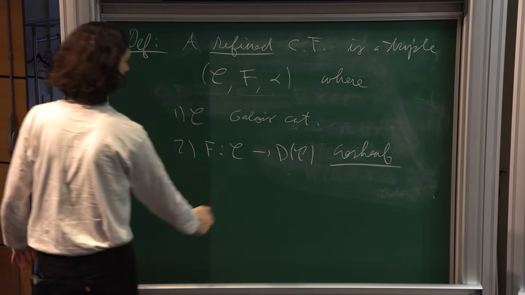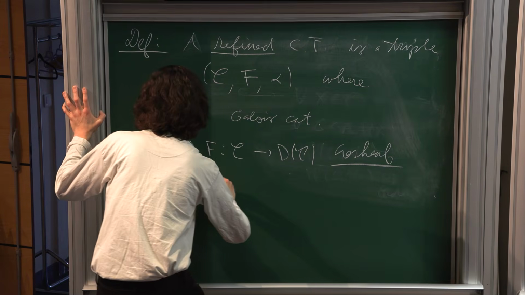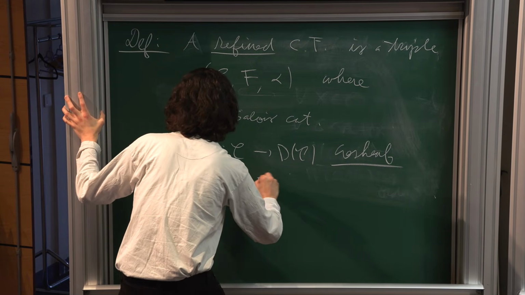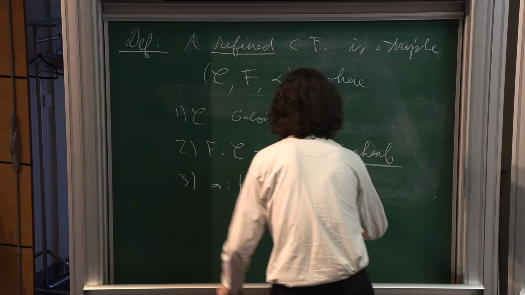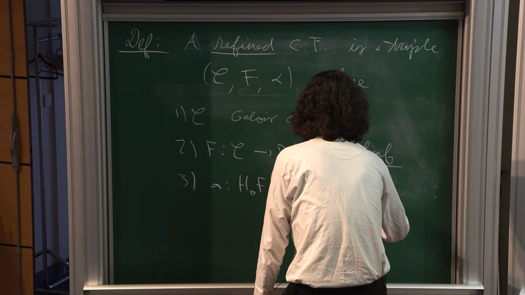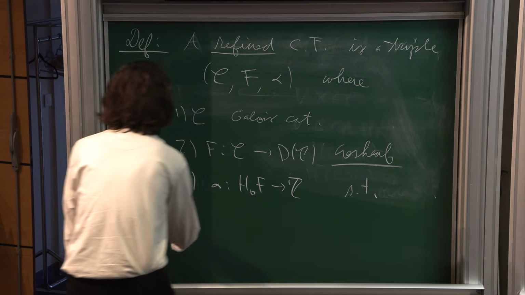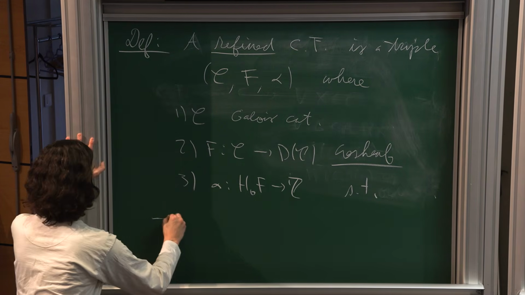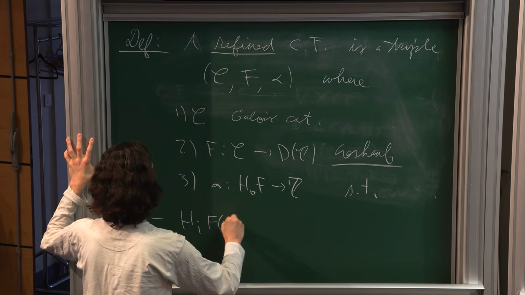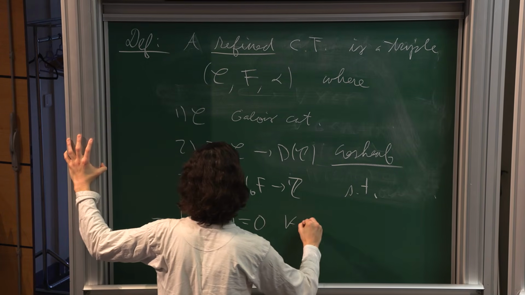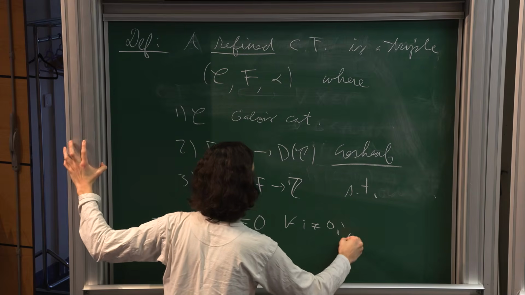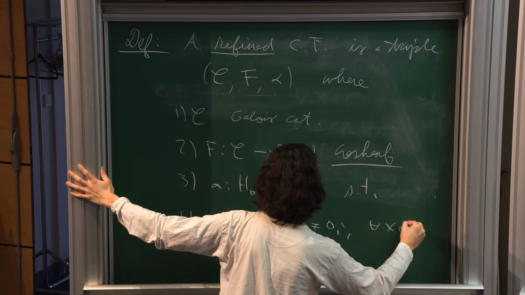And 3, alpha is a map from H0F to Z, such that the first condition is that Hi of F of x equals 0 for all i different from 0, 1, for all x in C.